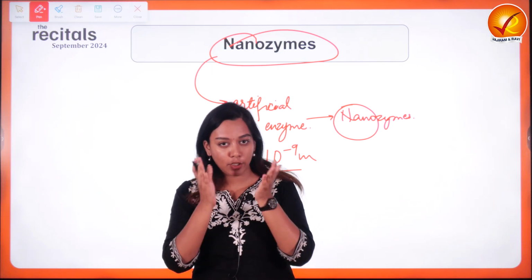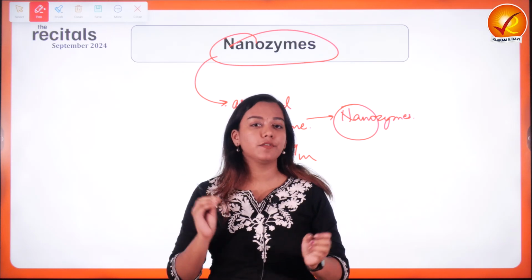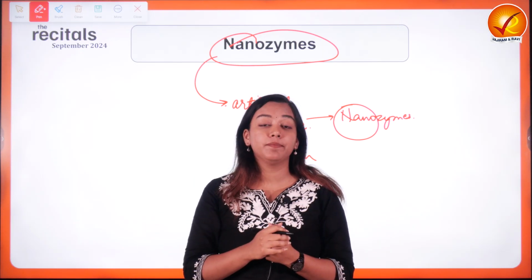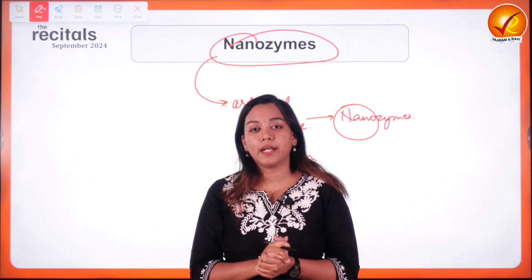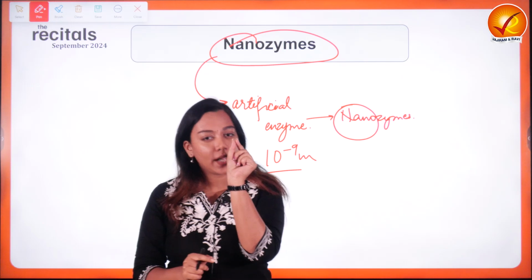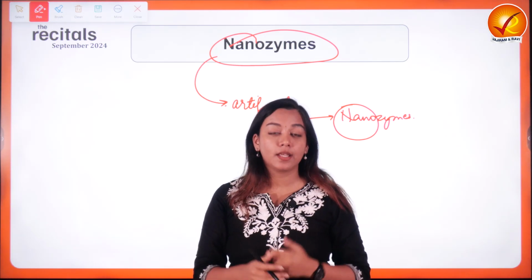For example, take gold. Gold is a very malleable, ductile, shiny material, very good for creating jewelry because it takes shape very easily, and it is also non-corrosive to a great extent. But if I turn those gold particles into nano sizes, what will happen? They act as wonderful catalysts.